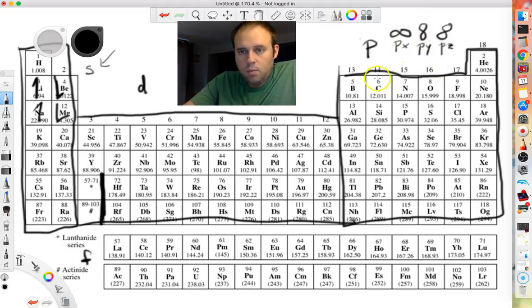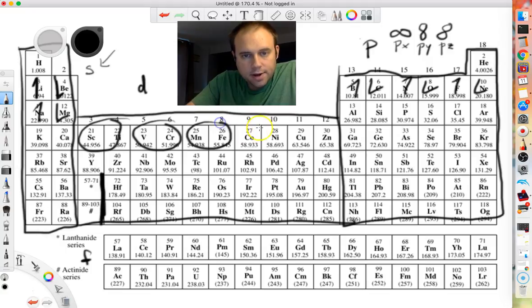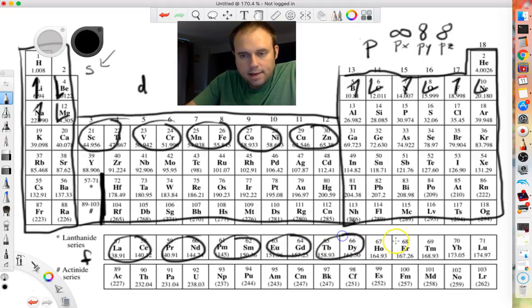So when you're looking at this, these guys right here would be the 3 different p orbitals that you could have. And then d, you would have a potential of 5. So here's 1, because 2 electrons per. Here's 2, here's 3, here's 4, here's 5. And then for the f, you would have 1, 2, 3, 4, 5, 6, 7.